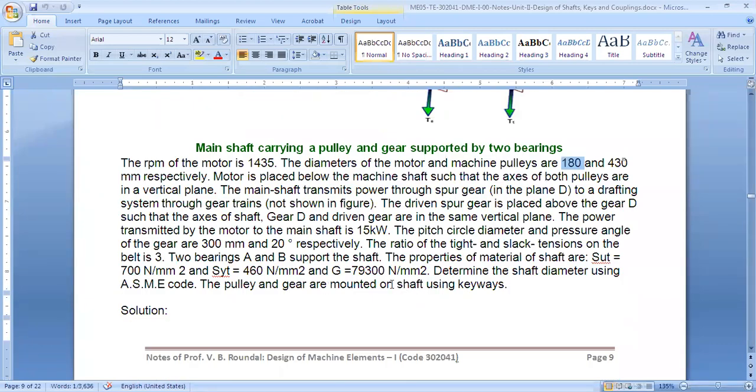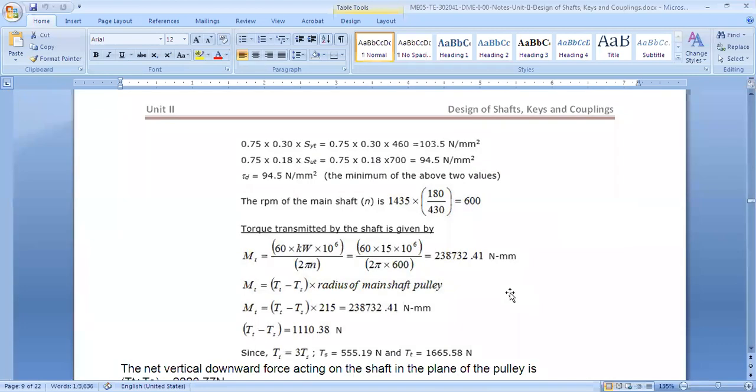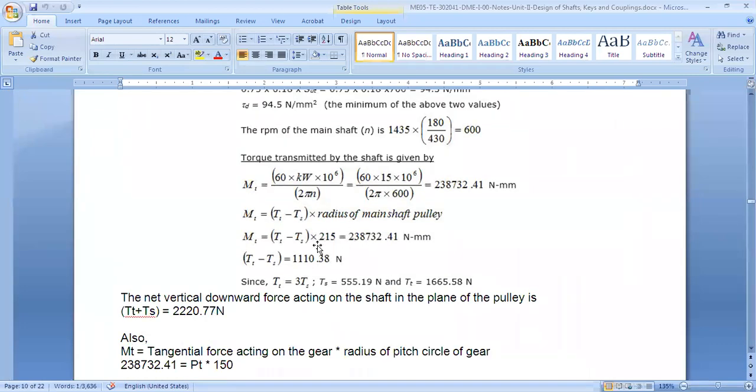Okay, 430 is given. 180 is the diameter of the motor and 430 is the diameter of the pulley. So half of that will be the radius of the pulley, 215, right? So we know that 215 is the radius of the pulley.